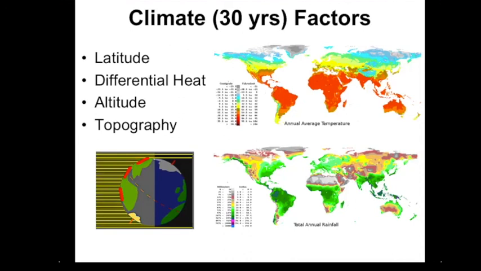Altitude. Obviously, we just talked about going up a mountain and it gets colder. So areas that are mountainous are going to have lower temperatures. And finally, topography, which is what we just covered, rain shadow, windward, leeward. You can see rainfall down in the bottom picture. You can see that Chilean desert, right?